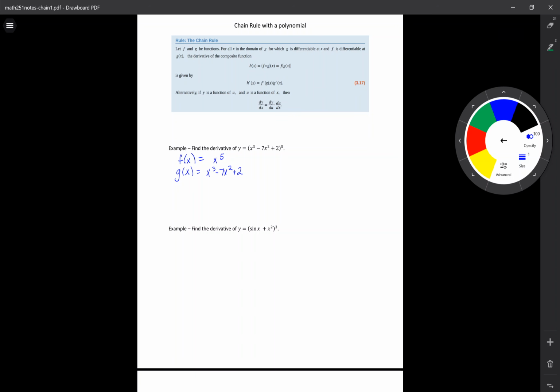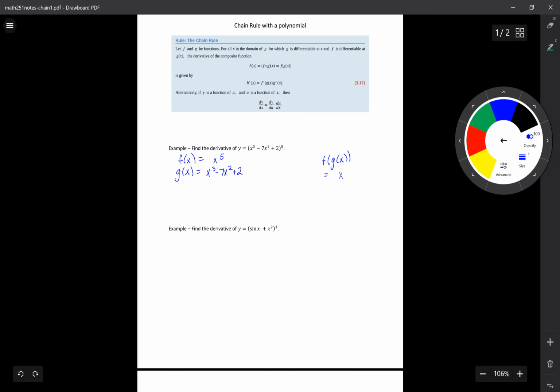And if we wanted to check our work here to make sure that we correctly have f and g, we could do that off to the side here. So what is f of g of x in terms of our two functions that we have defined here? Well, f of g of x, remember, this means that wherever I see an x in the function f, I replace that x with the whole function g of x.